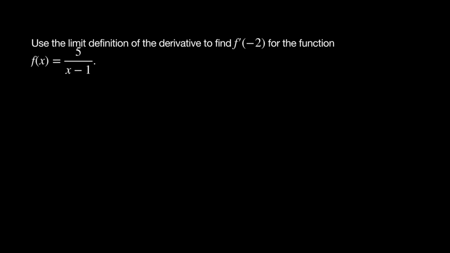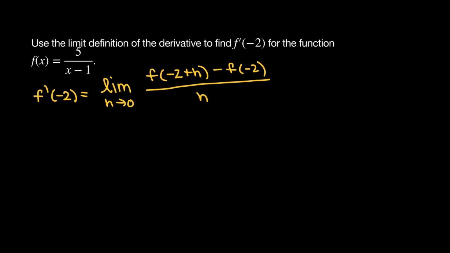I want to show you one more example of using the limit definition to find a derivative. Let's find f prime of negative 2 for the function f of x equals 5 divided by x minus 1. Using my limit definition, f prime of negative 2 is going to be the limit as h goes to 0 of f of negative 2 plus h minus f of negative 2 all over h.